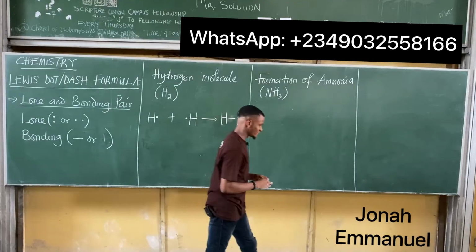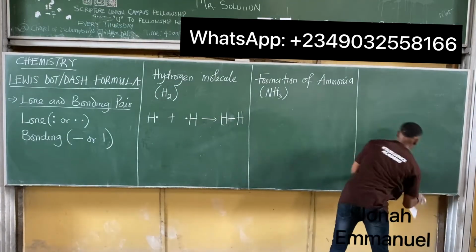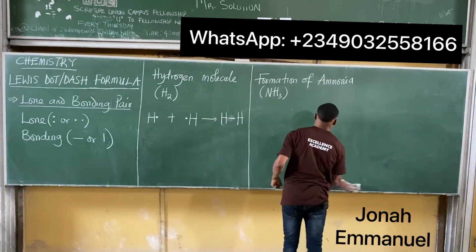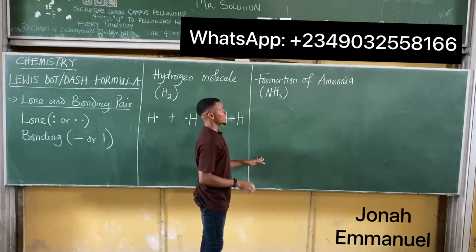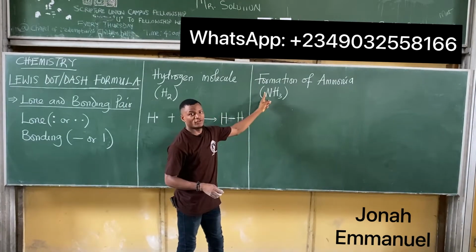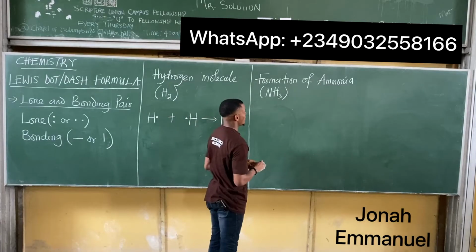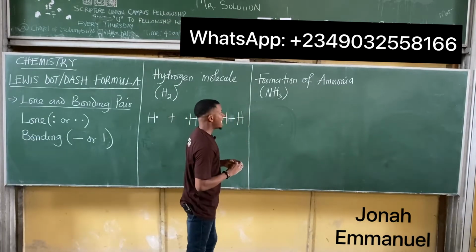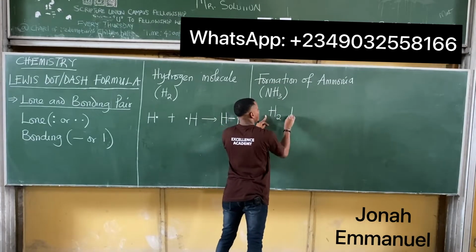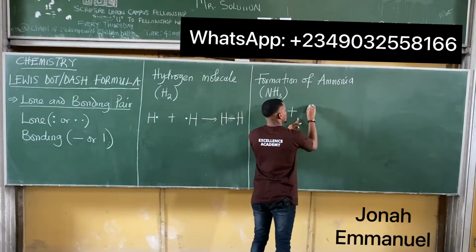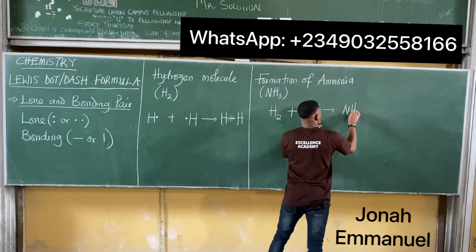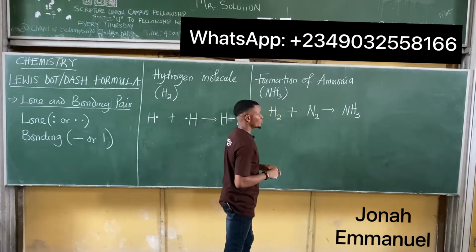First things first, let's say I choose to write the chemical equation leading to the formation of ammonia. From this, it means 3 molecules of hydrogen, which is diatomic, combined with nitrogen, which is also diatomic, will combine to form NH3.